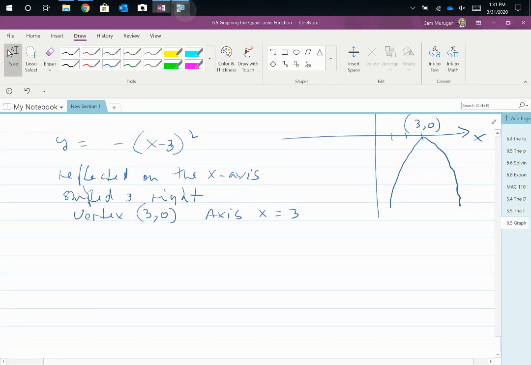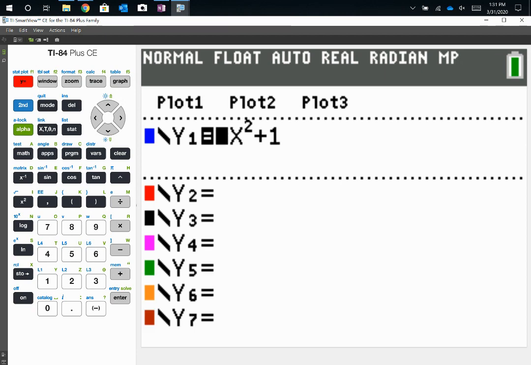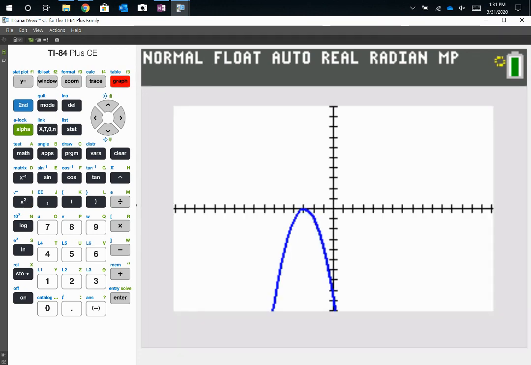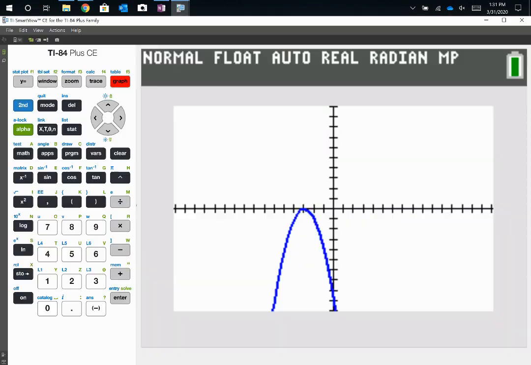So I'm going to graph that for you really quickly. Uh-oh. Did I graph that right? I'm sorry, it's a right shift. I put it at the left shift.